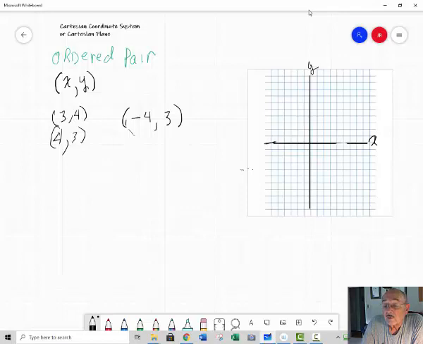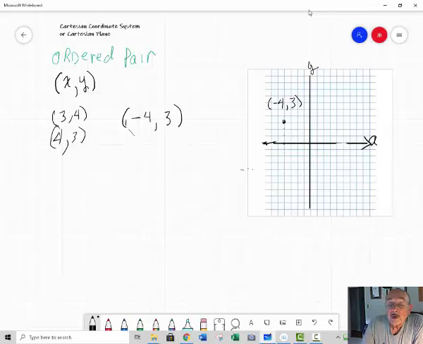This direction here is the negative. This is the positive. So -4 would be 1, 2, 3, 4 from here, and I want to go up 3. 1, 2, 3. This then would be the point -4, 3.